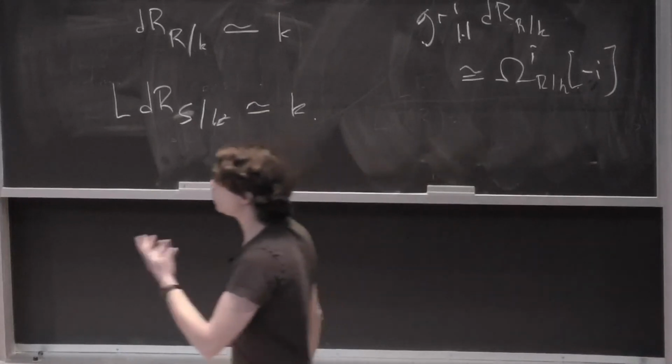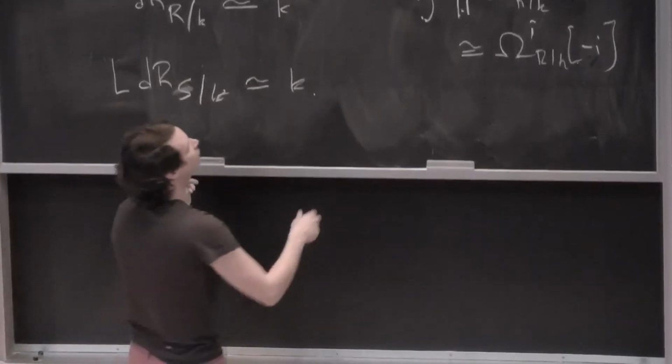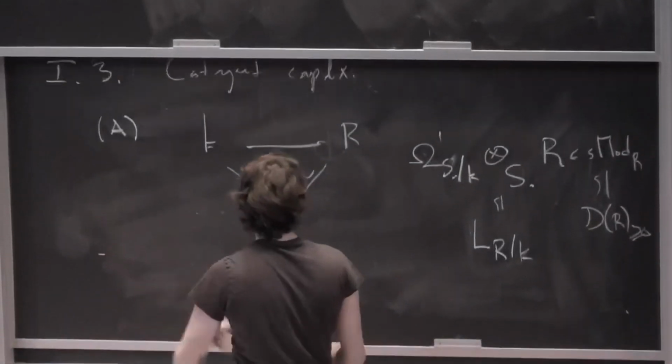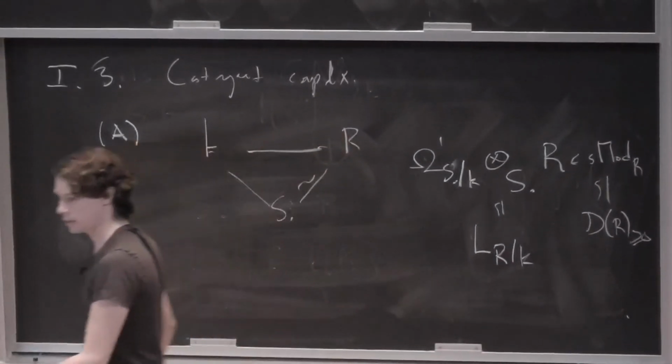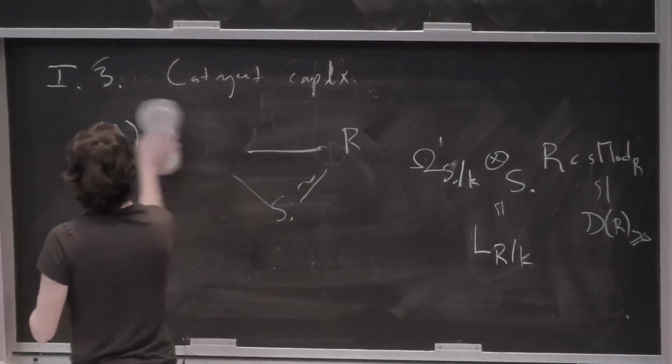And taking these gradings is compatible with colimits. So what I can do instead is the same Kan extension, but where I remember this filtration, this Hodge filtration. So I can get a canonical Hodge filtration on the derived de Rham cohomology.